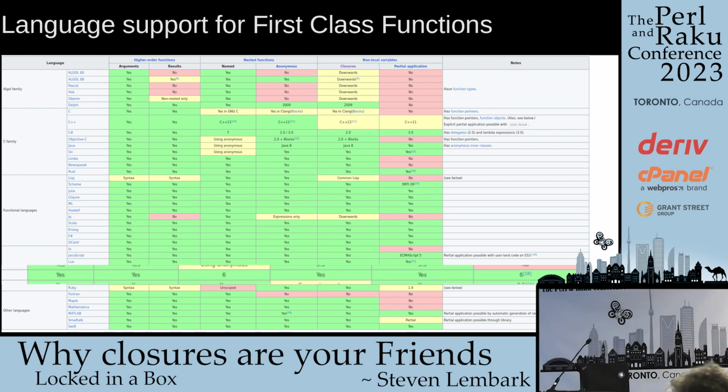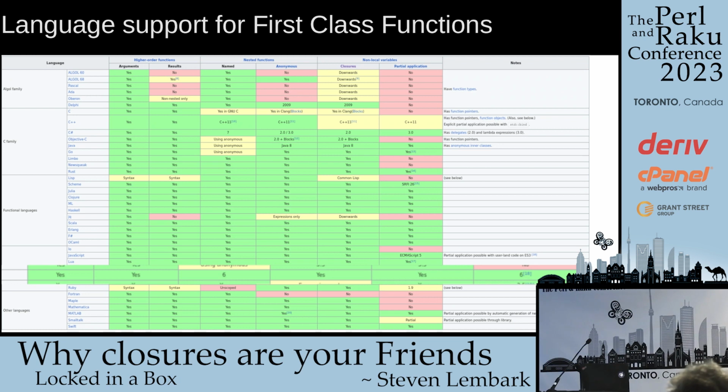Can you have named or anonymous functions defined inside a function, which you can also do now. There are arguments in Perl about whether it's good or bad, but if you're using functional programming, that actually is a really useful technique. And whether you can have non-local variables, closures, and what they call partial applications, which are pieces of things that are cooperating closures that manipulate stuff.